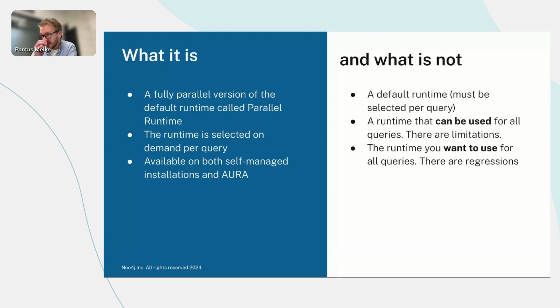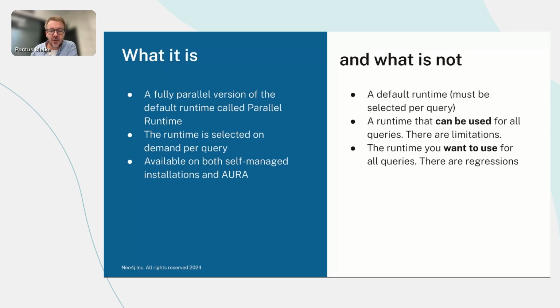So what is this parallel runtime? It's a fully parallel version of the default runtime we have. It's not something you get by default, hence the low relative usage of it. You have to demand it for each query where you want to use it.